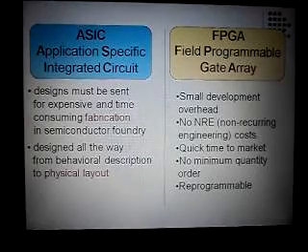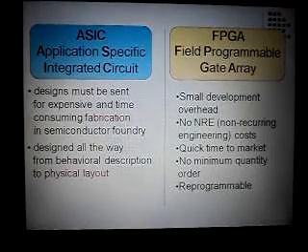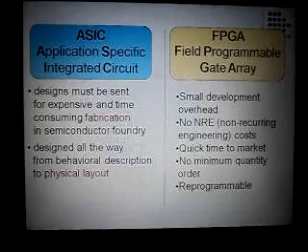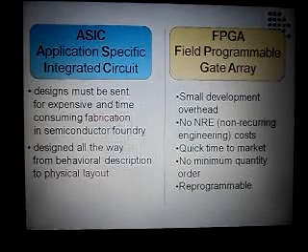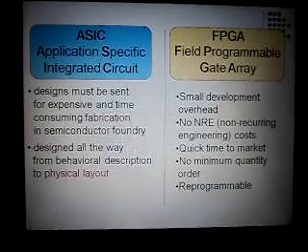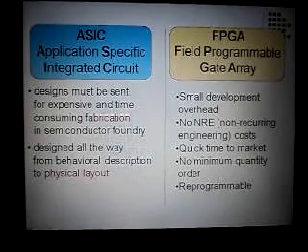Now I have two things to discuss about ASIC and FPGA. Firstly, as the name suggests, ASIC is application specific, whereas FPGA is very flexible. It can do multiple things at a time, whereas ASIC can perform only the tasks specifically assigned to it.